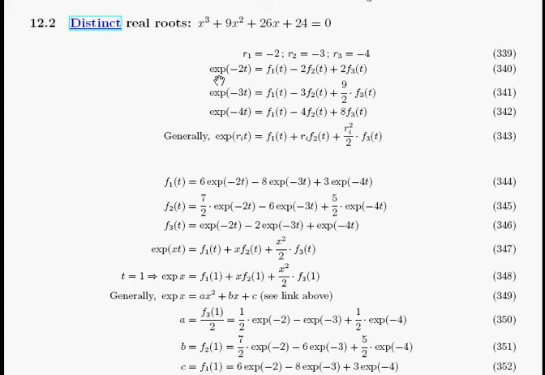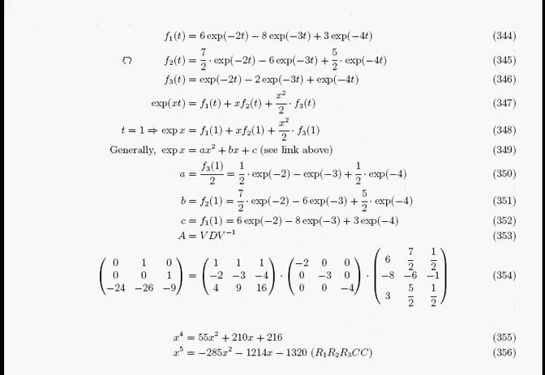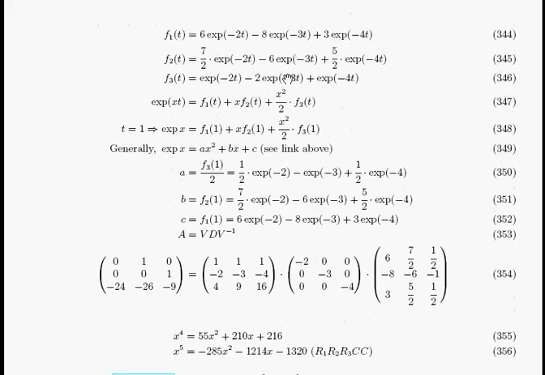So we have our equations: exponential of minus 2t for all t, exponential of minus 3t for all t, minus 4t for all t. Okay, who is f1 of t? 6 exponential of minus 2t. f2 of t? f3 of t? 5 over 2 exponential of minus 4t.